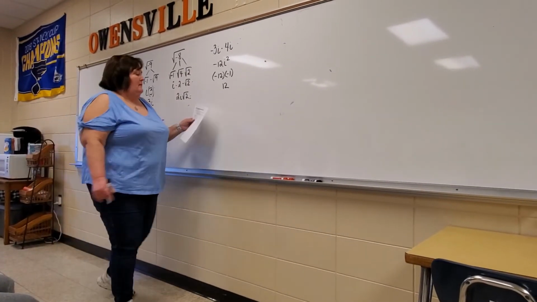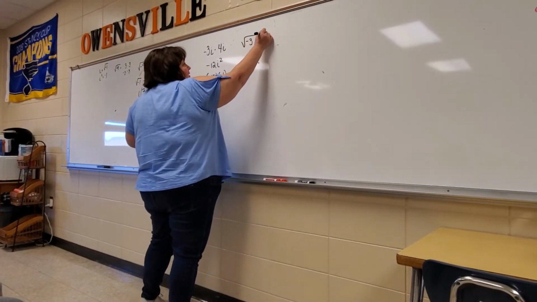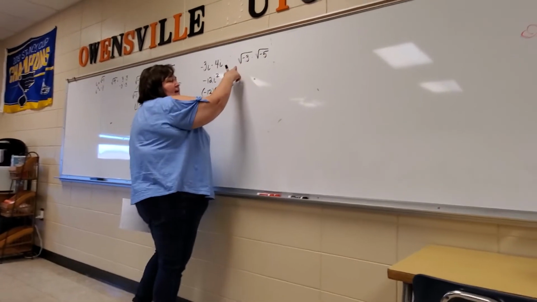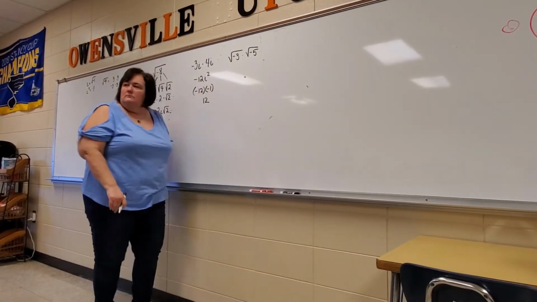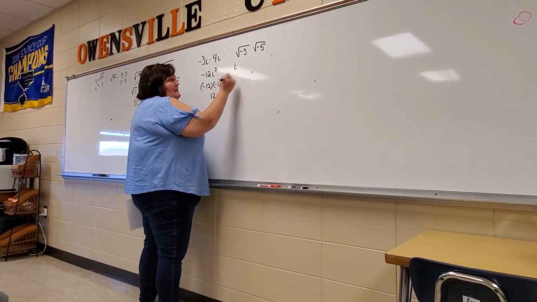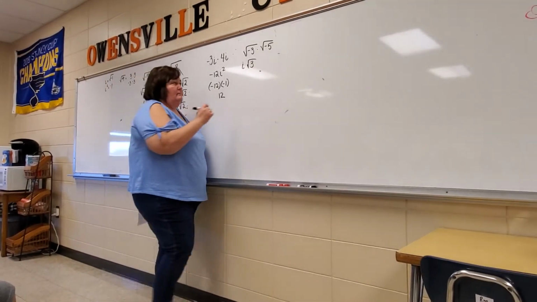Let's try this one. Negative 3 times negative 5. Okay? First of all, let's pull the negative 1 out here. If I pull a negative 1 out of here, I would have i square root of 3, right?